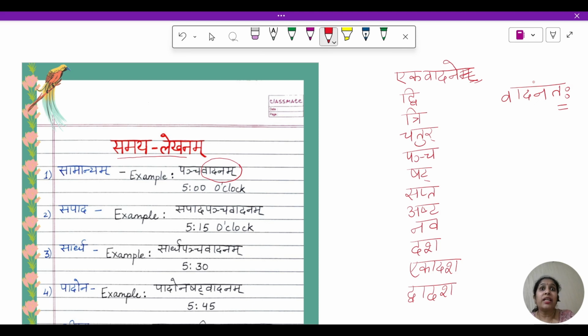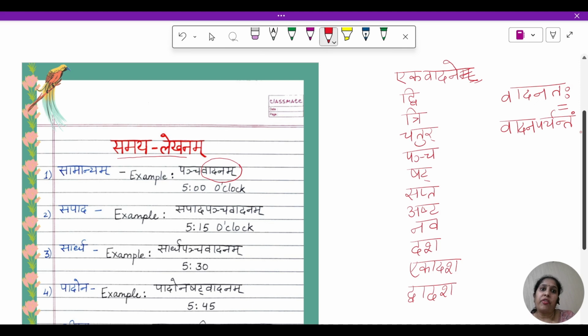And then when we want to say till that time, after the time, like ek, dvi, tri, we write vadan paryantam. So when we want to say it is, we use vadanam. When we want to say at, we use vadane.